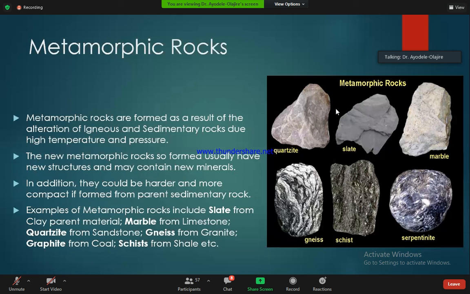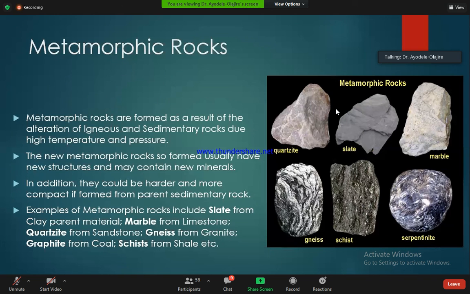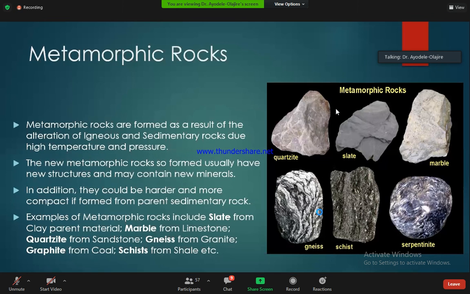Then gneiss from granite, and then graphite from coal. And lastly, schist from shale. So these are just examples of metamorphic rocks that we have. And as I said, it is not what these rocks stand for, but what we can use them for to improve the society.